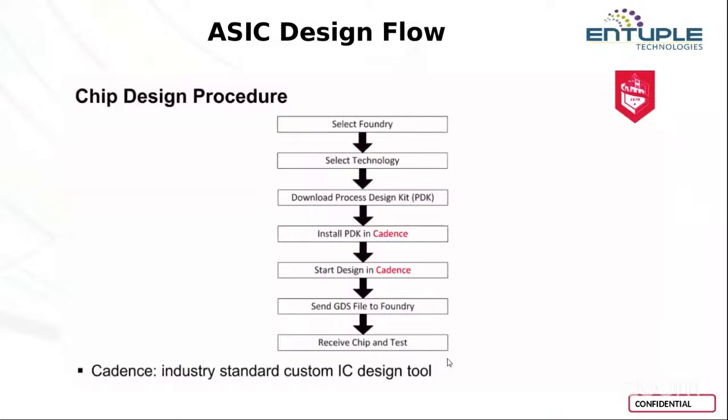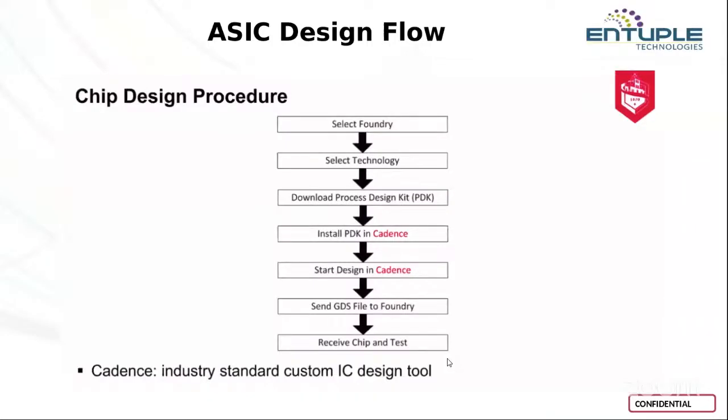And according to the technology node, you need to use the PDKs, right? That is our process design kit for the libraries, complete libraries. Then install these PDKs in any EDA tools that will support them, right? As we are supporting Cadence, I just mentioned Cadence.